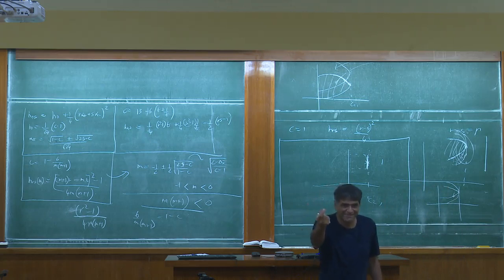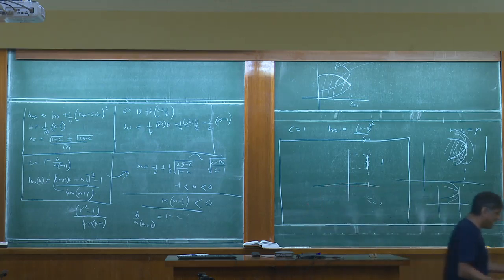Are you understanding? Okay? So basically, you're right. This kind of argument can be used to establish that the only possible values of unitary representations lie on one of these curves. Is this clear?